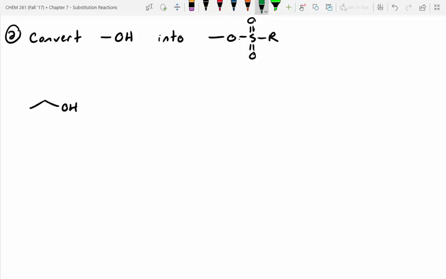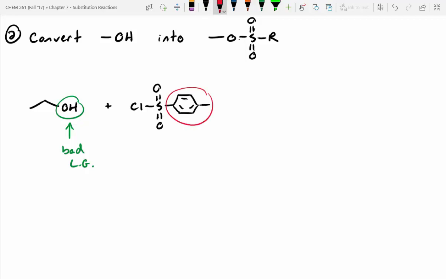And like I said first, this is a bad leaving group. So our goal is to convert it into a better leaving group, and it's often done with a reagent that looks like this. I'm just going to show you one of them. And really this whole thing is the R group from up here, right?